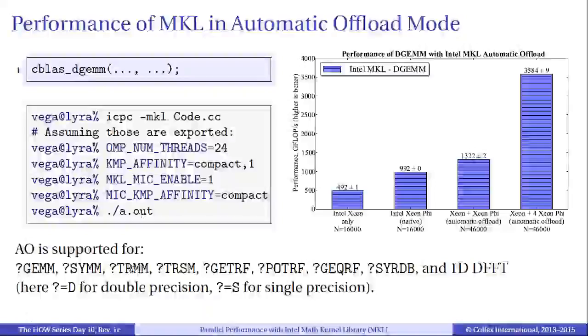This is the list of functions that support automatic offload. The question mark stands for either D in double precision or S for single precision. MKL will automatically offload general matrix-matrix multiplication, general matrix-matrix multiplication when one of the matrices is symmetric, multiplication when one of the matrices is triangular.